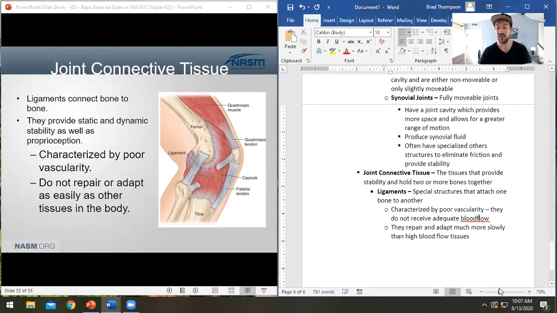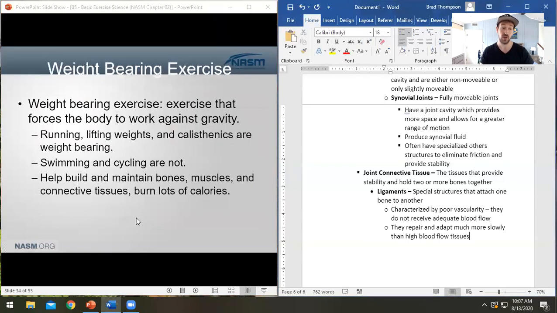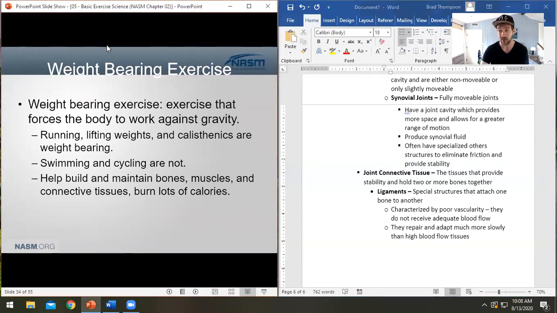So that's one thing about your ligaments that we need to remember. Your ligaments are what repair kind of slowly. So one of the reasons why it's so important to take rest days when it comes to exercising is because those rest days are going to ensure that your ligaments do not get overworked and eventually tear and disconnect your bone.